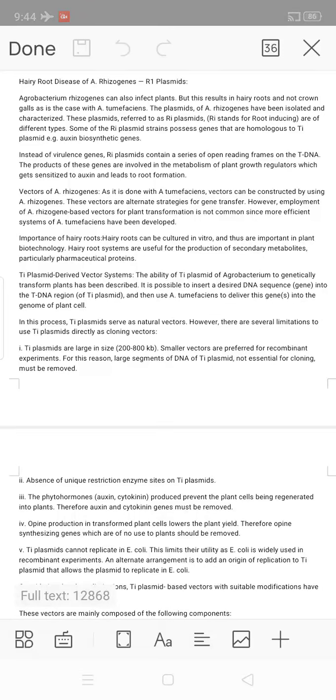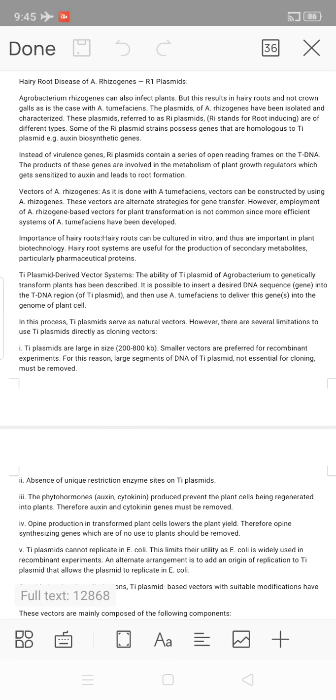Next one is hairy root disease of Agrobacterium rhizogenes, that is Ri plasmid. Agrobacterium rhizogenes can also infect plants, but this results in hairy roots and not crown galls as in the case with Agrobacterium tumefaciens.